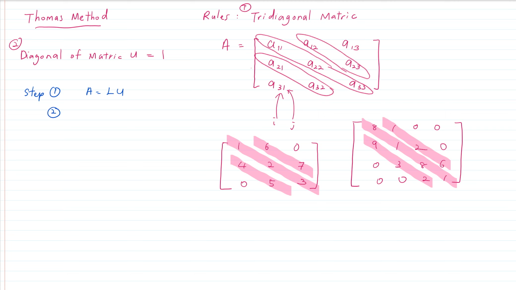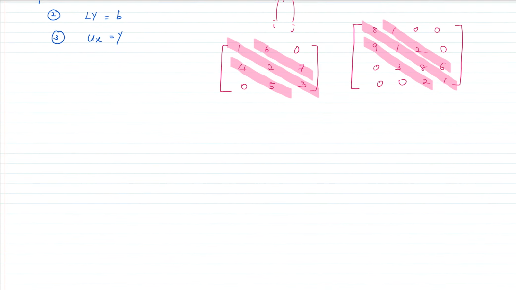Step 2, Ly equals B. Step 3 is Ux equals y. So we start solving the Thomas method using these steps. Let's have an example, Example 3.9.